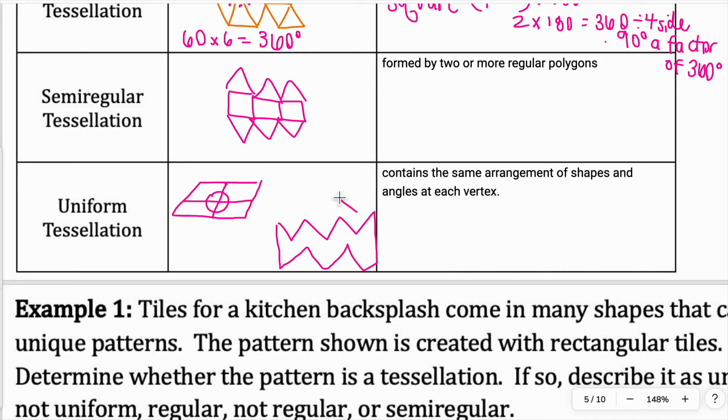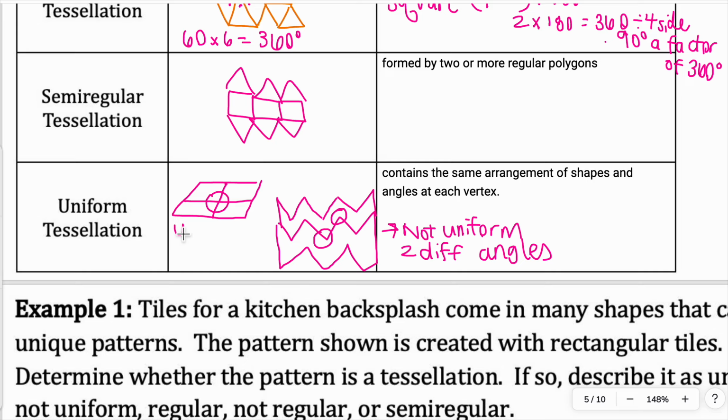So this could be non-uniform because this vertex and this vertex are two different angles, so not uniform, because they're not the same angles.